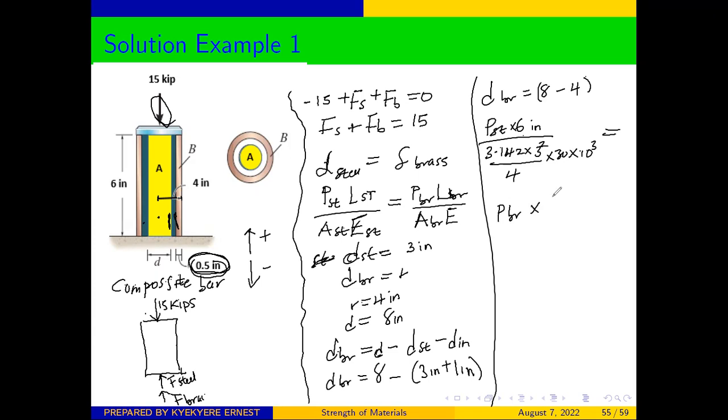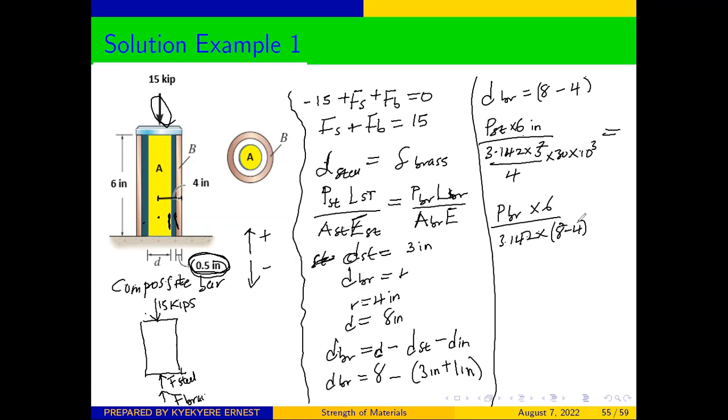The length is also 6 over 3.142 times the diameter, which is 8 minus 4, squared.